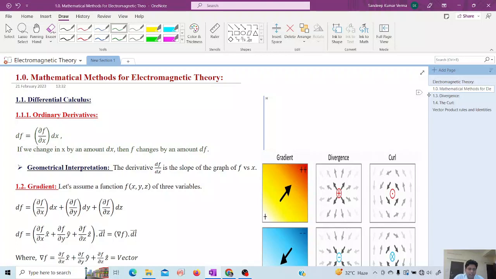The geometrical interpretation is that df/dx tells the slope of the graph of function f versus x. Now, the gradient can also be defined in terms of this.